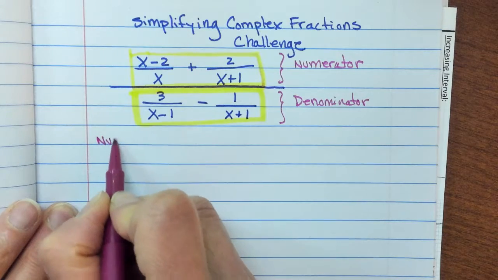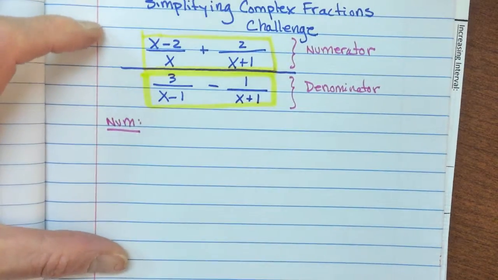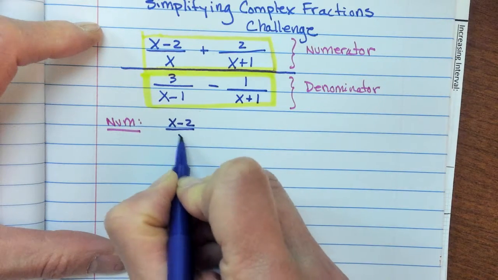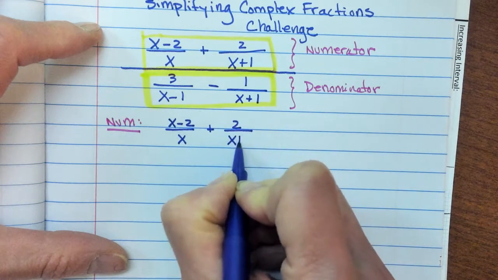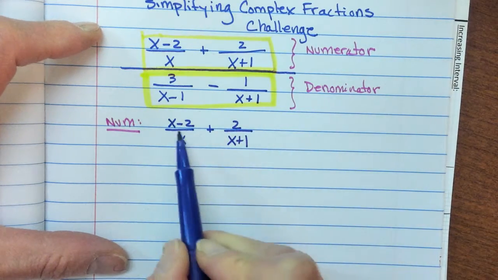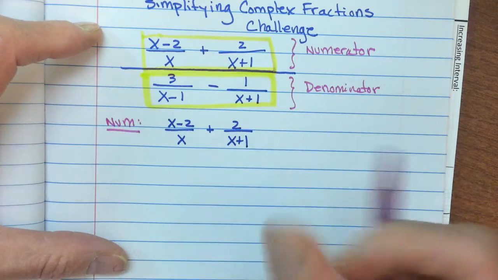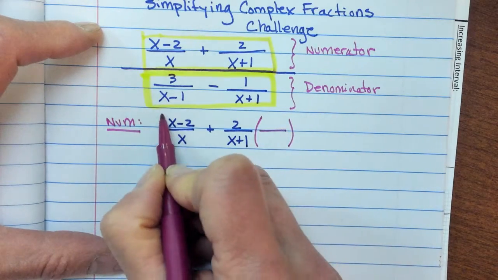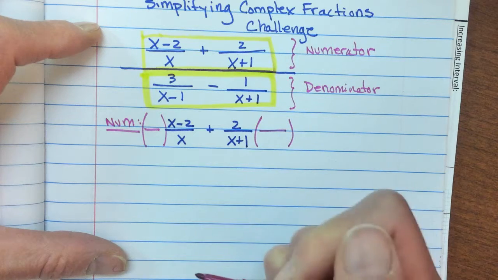So I'm actually going to make sure I write that out as a numerator. And I'm going to have x minus 2 over x plus 2 over x plus 1. So in order to add these, I have to have common denominators, which means I have to multiply each fraction by the number 1, but it's a special number 1.